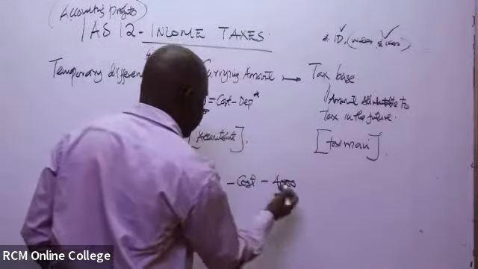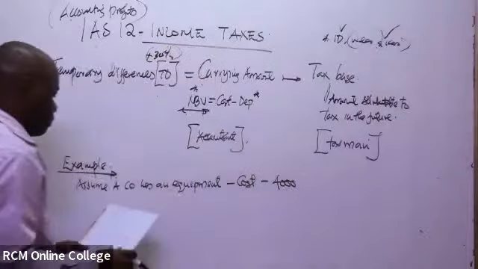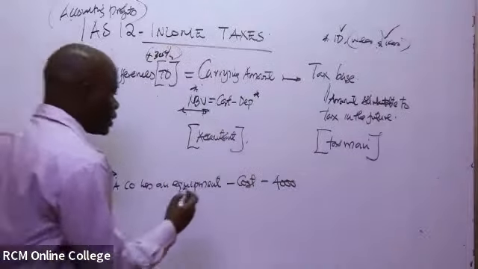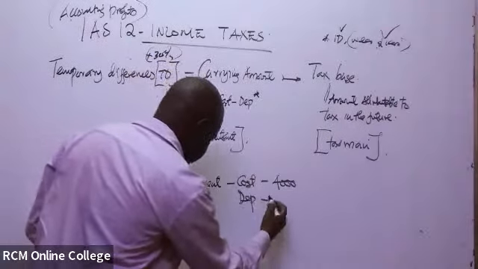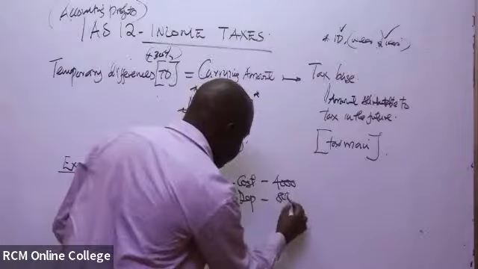Maybe our figures are actually in thousands, so let's say 4 million. And then the depreciation on this particular equipment is, let's say, maybe 800.